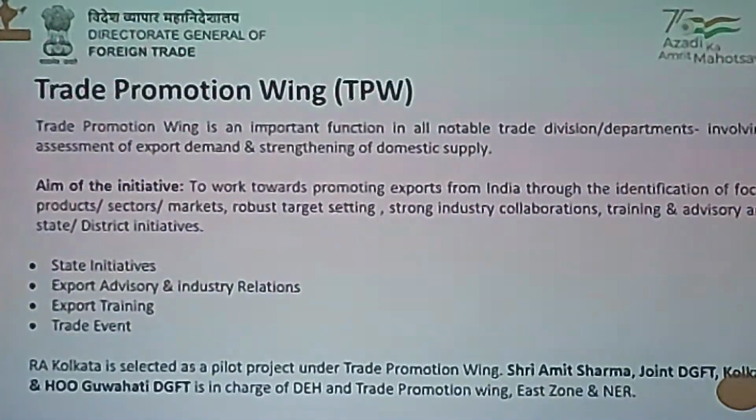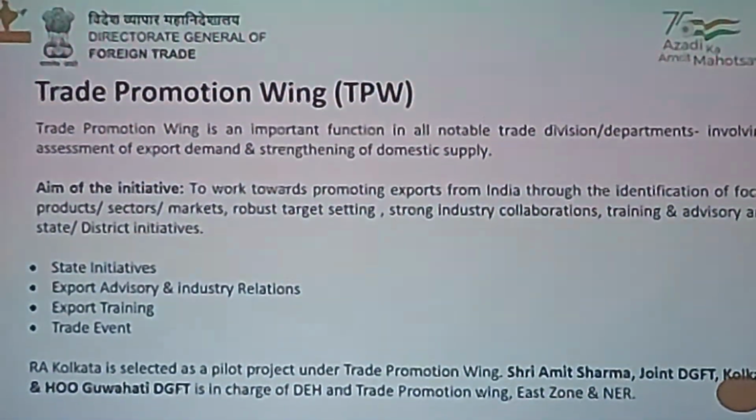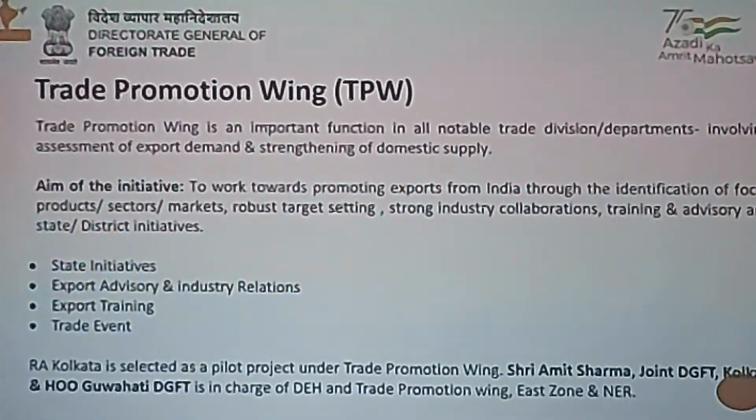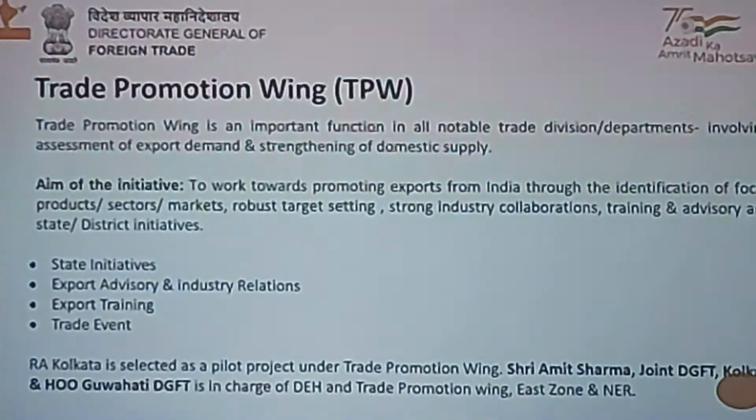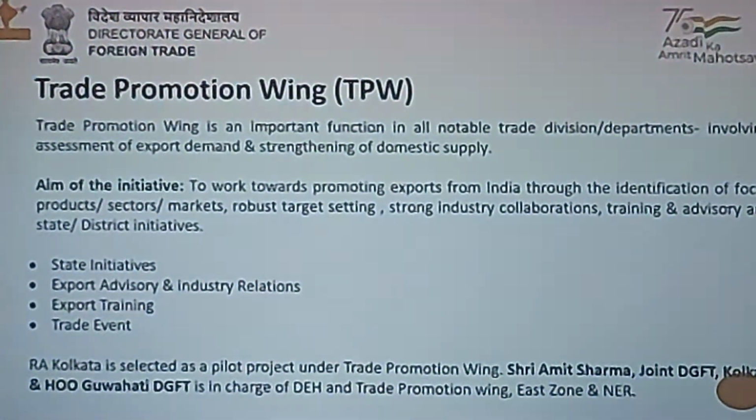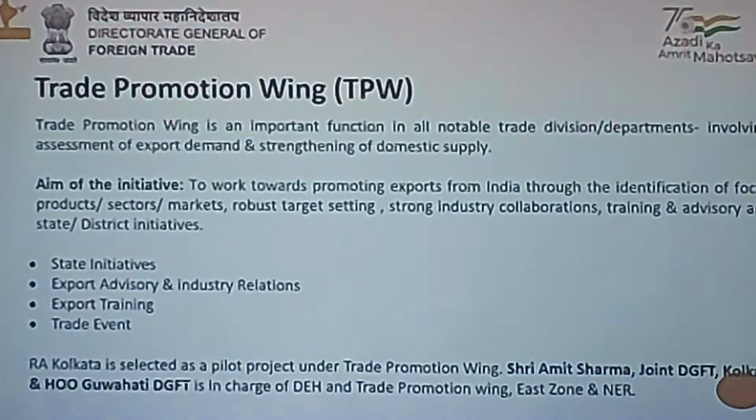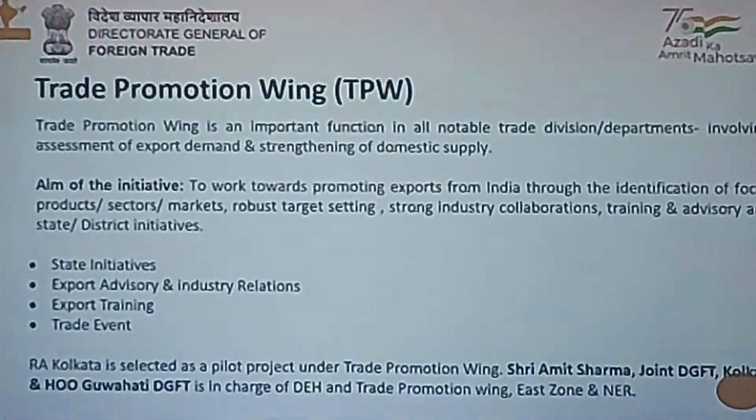See, there are various stakeholders in the promotion of exports. There are various export promotion councils and boards, but there is now a churning going on in the Ministry of Commerce. What they are saying is that DGFT should drive the export promotion activities across the entire country. So a new concept is being initiated.